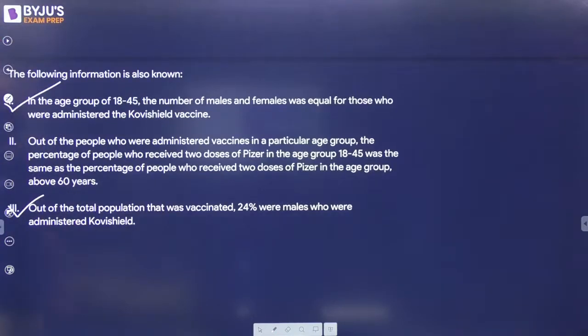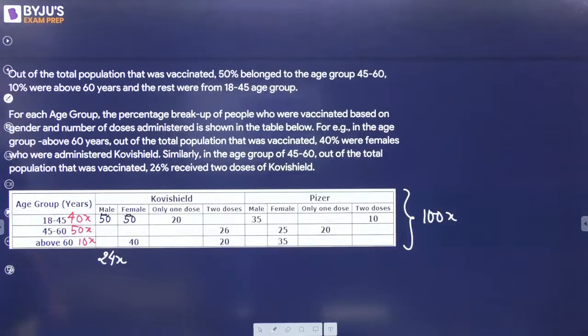Out of the people who were administered vaccines in a particular age group. So कोई भी तीनों age group में से, the percentage of people who received 2 doses of Pfizer in the age group 18 to 45. That is 10. Already given that percentage as in.